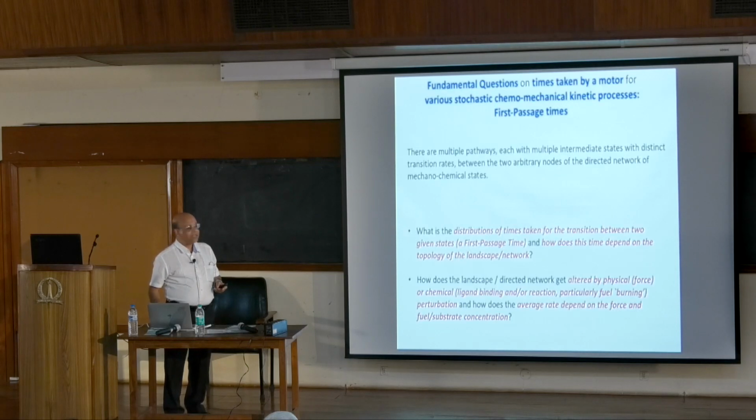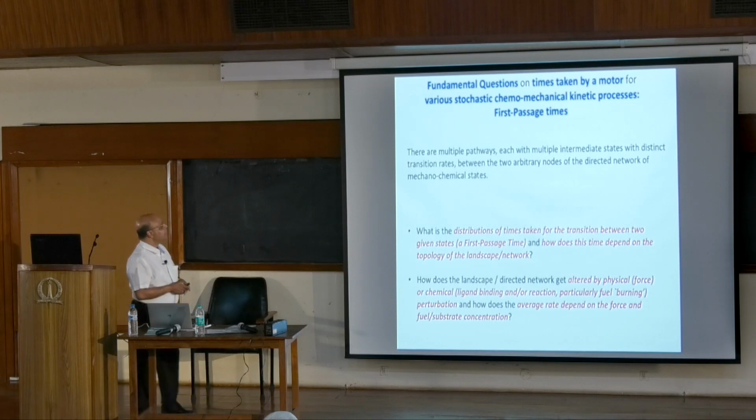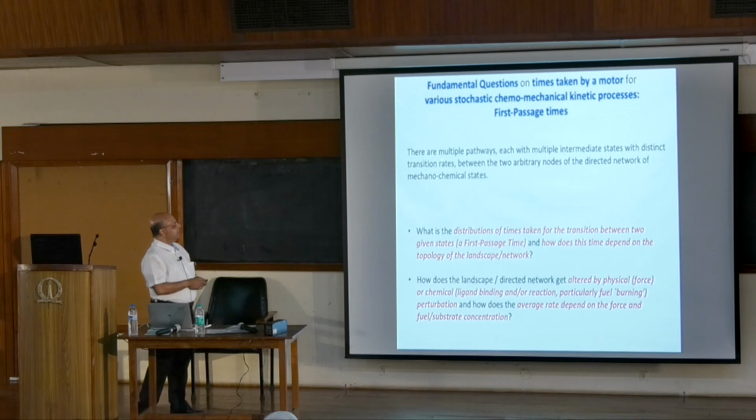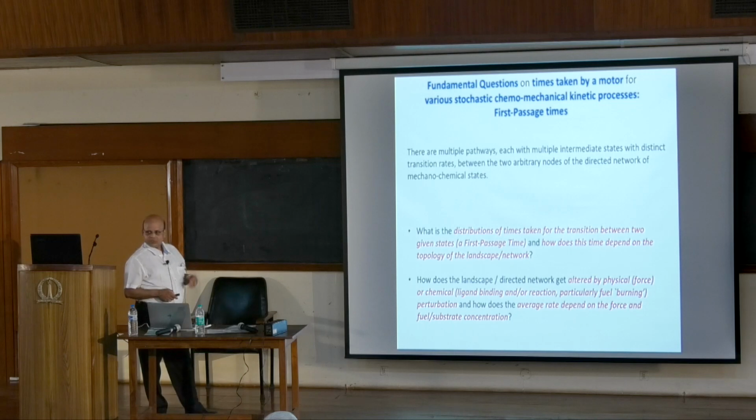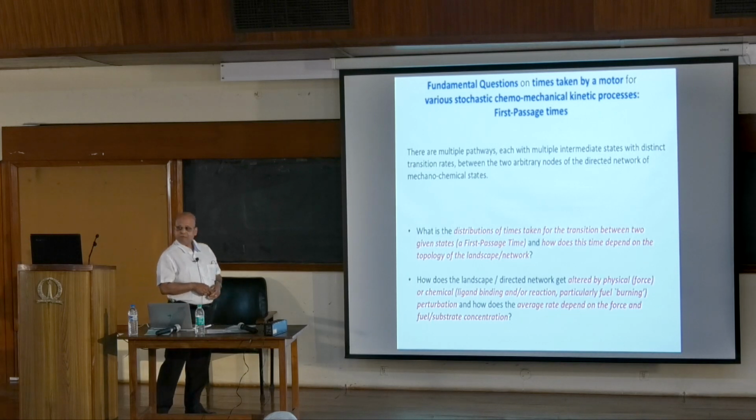What are the important things that we can calculate which can be compared with experiments? First of all, remember that in such a network of states, there are multiple pathways, each with multiple intermediate states with distinct transition rates. So what are the questions? One question is, what is the distribution of times taken for transition between a pair of states? This problem is actually called the first passage time problem in physics.